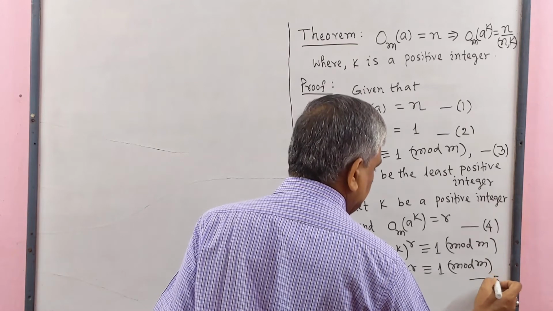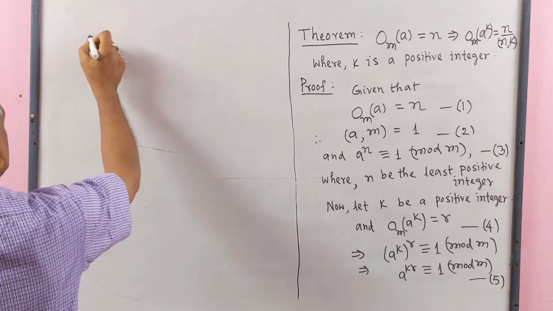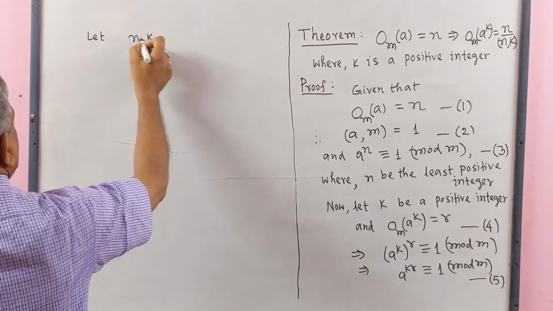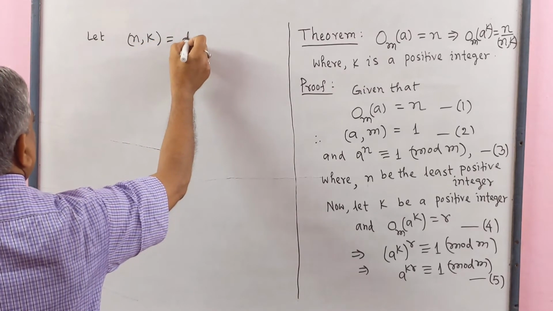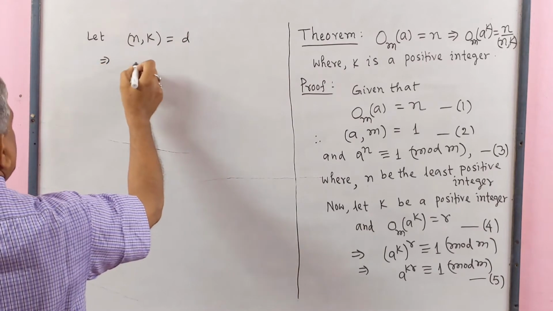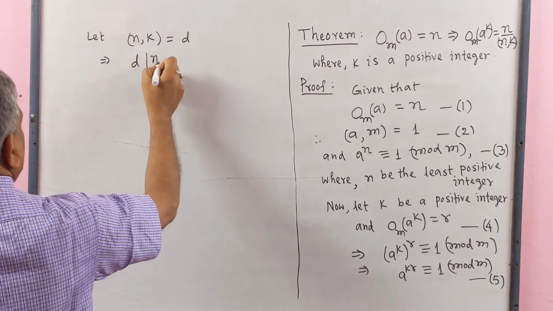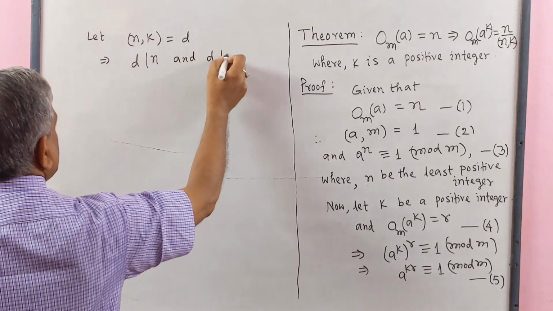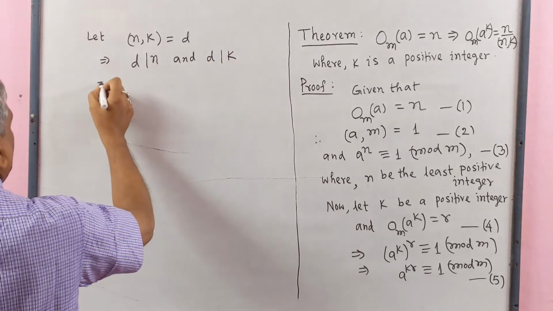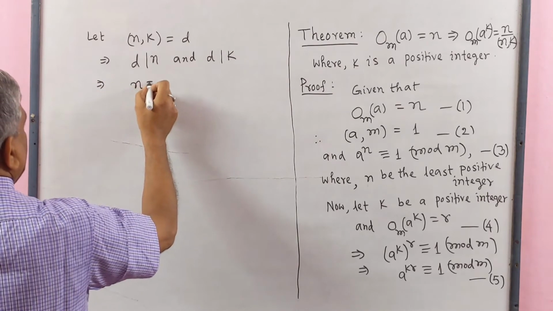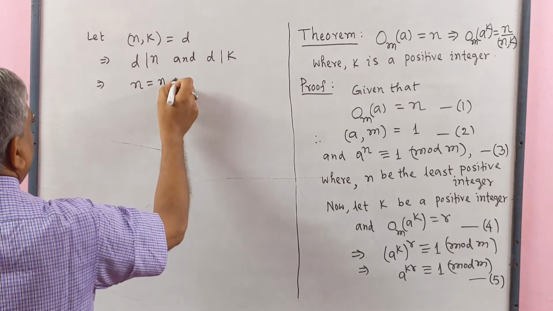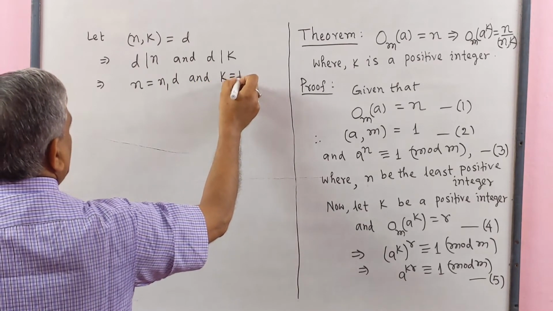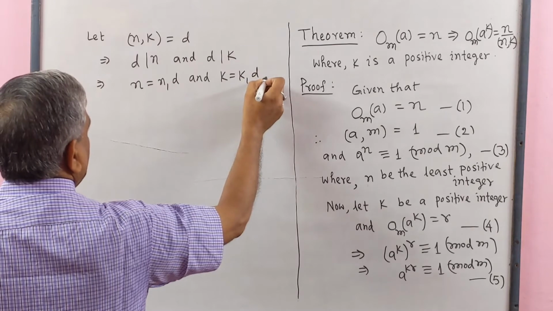This is number 5. Let GCD of n and k equal to d, implies that d divides n and d divides k, implies that n equal to n1d and k equal to k1d.